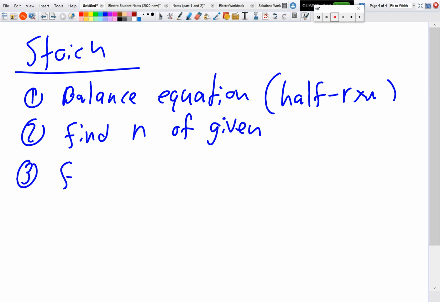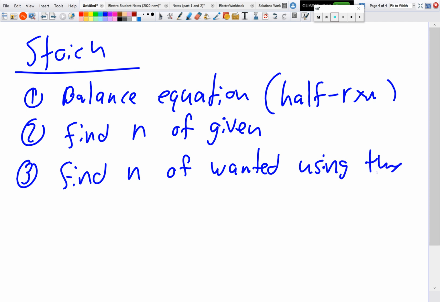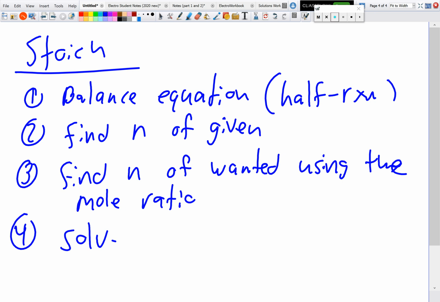Step 3 is find the number of moles of our wanted using the mole ratio. And step 4 is solve the question. In this example with the gold, step 1 is already done for us. So now we can move on to step 2, find the number of moles of our given substance.